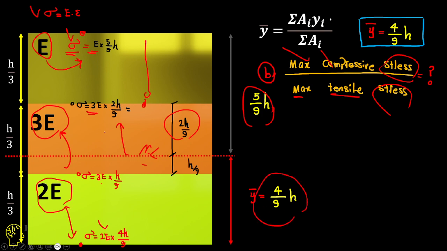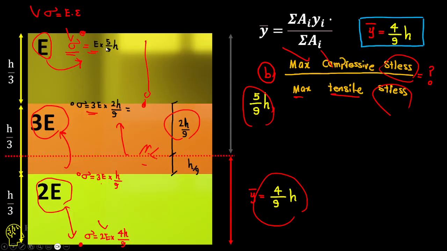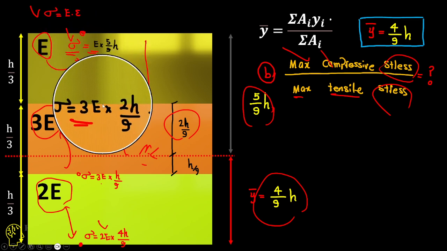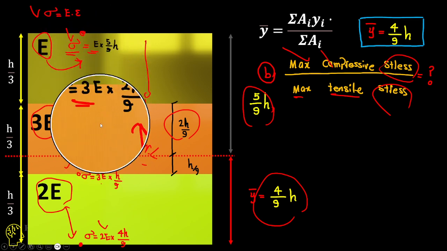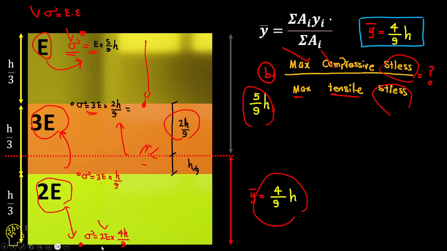Then you have to compare these numbers: sigma at the very top, at the interface of two layers, again at the interface, and at the very bottom. If you pay close attention, you can easily see the maximum stress in terms of numeric value is at the boundary of the two top materials.